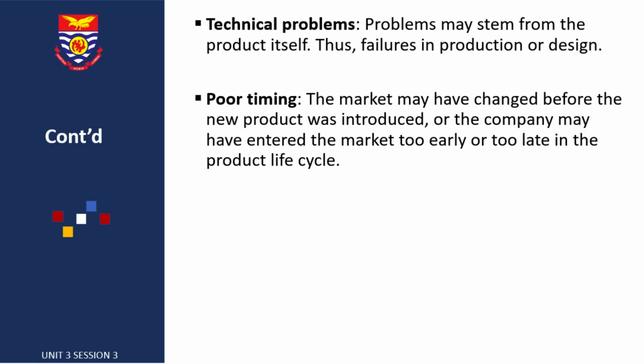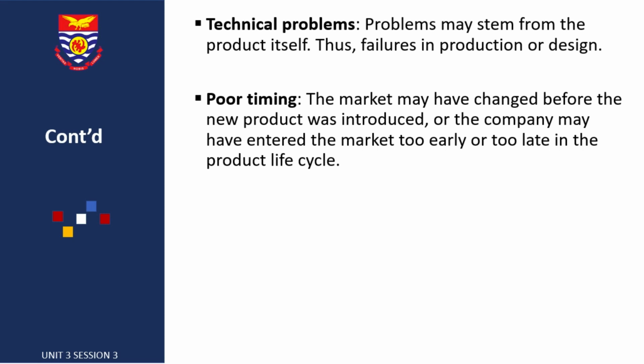Another reason why a new product will fail is due to technical problems. Problems may stem from the product itself. It could be that the new product being developed does not give the customer its intended purpose. It could be due to some technical problems, and that's failures in production or design.